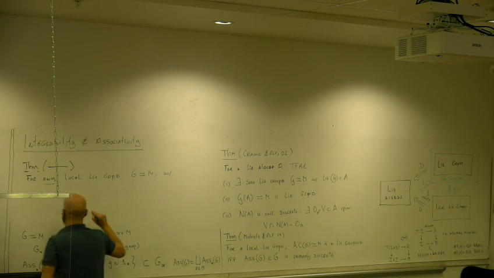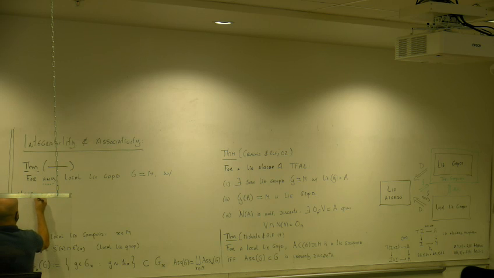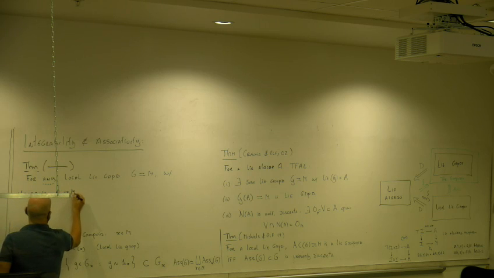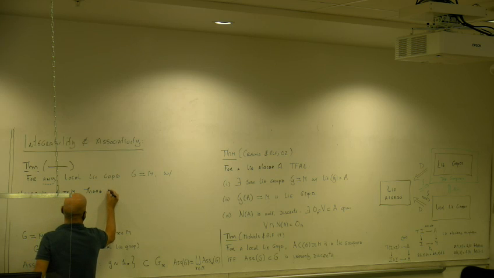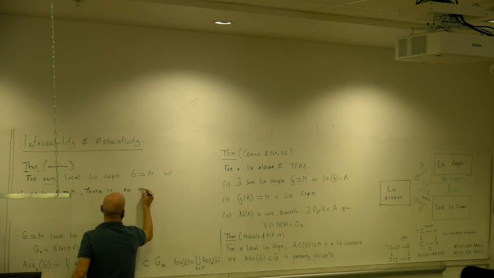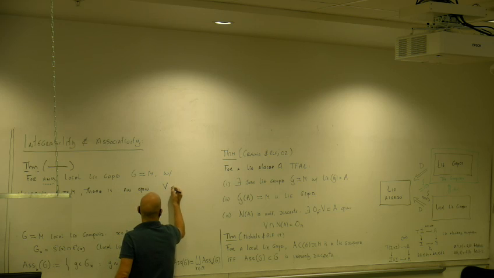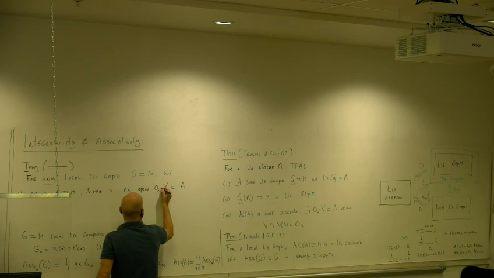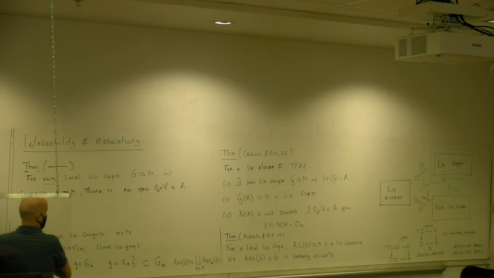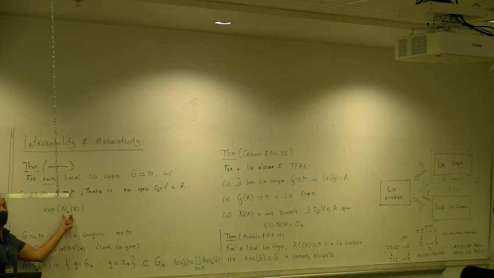Remember, local groupoids have algebroids, so they can be differentiated. So there is an open set A containing the identity such that if you look at, remember, these were some subgroups inside the isotropy, inside A. So I can take the usual exponential map for, if you want, this group.